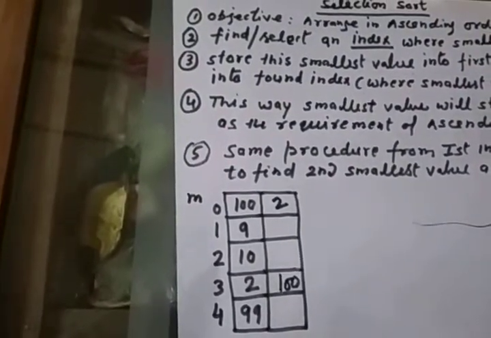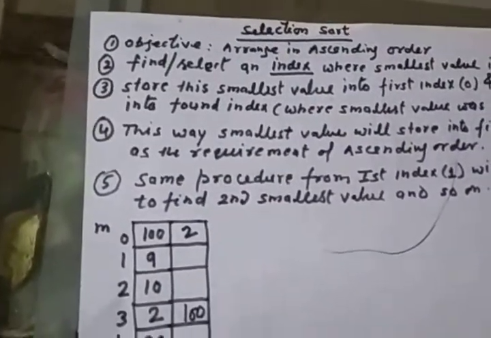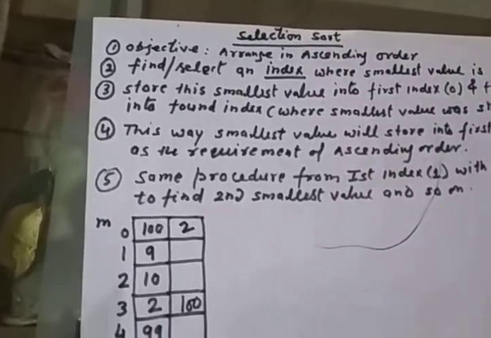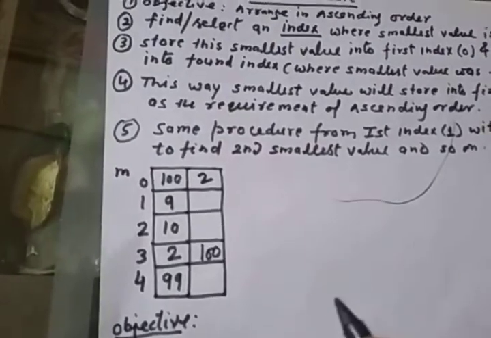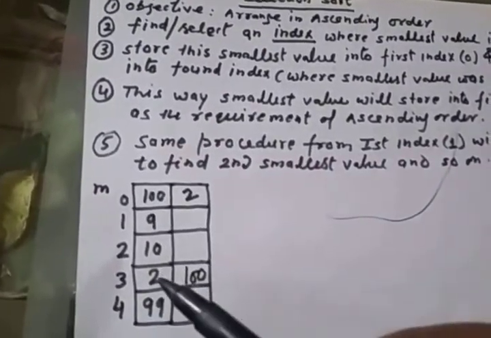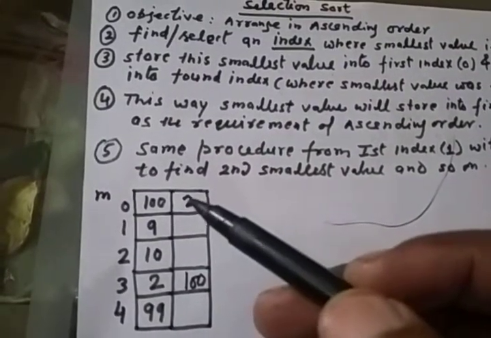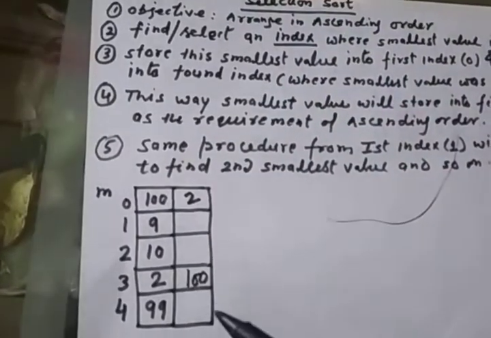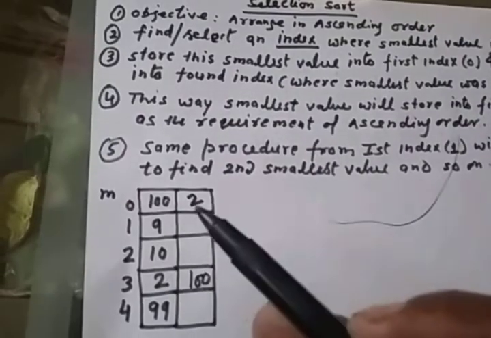Why is it known as selection sort? Because for arranging the numbers into ascending order, we search, find or select an index where the smallest value is stored. After that, this smallest value is stored into the first location, and the value which was at the 0 location is stored at the third location, from where we took the smallest value.